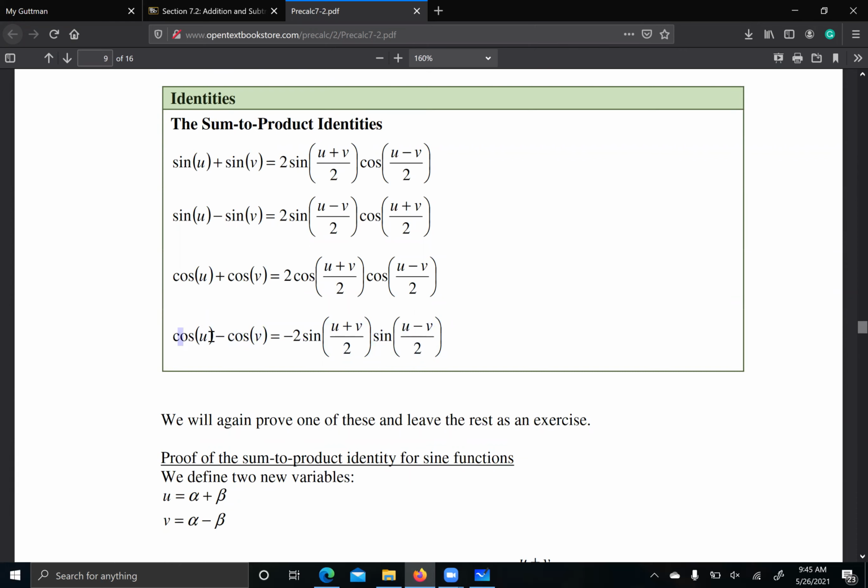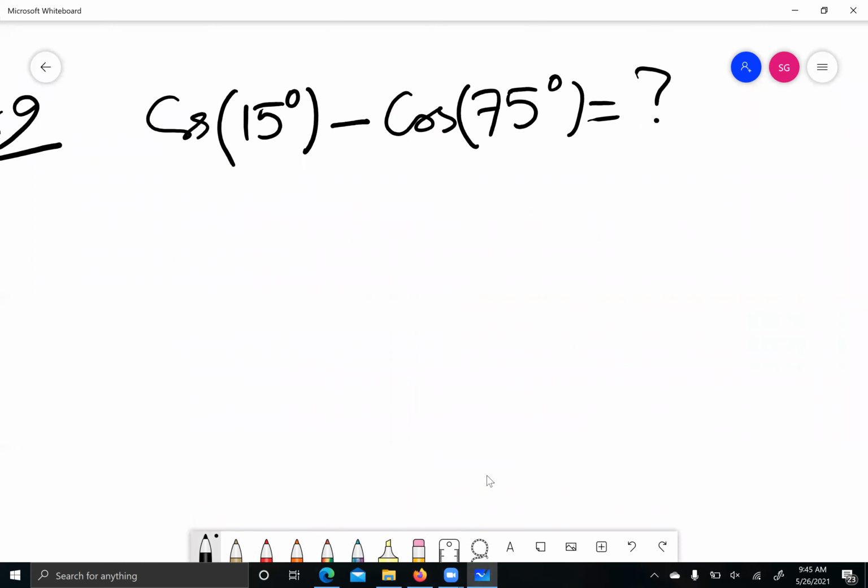We have the difference of two cosine functions, cosine of two angles. So I'm going to just apply the last sum to product identity, okay? This is the sum to product identity for cosine.